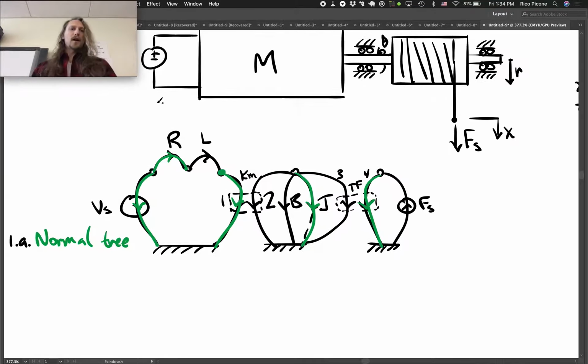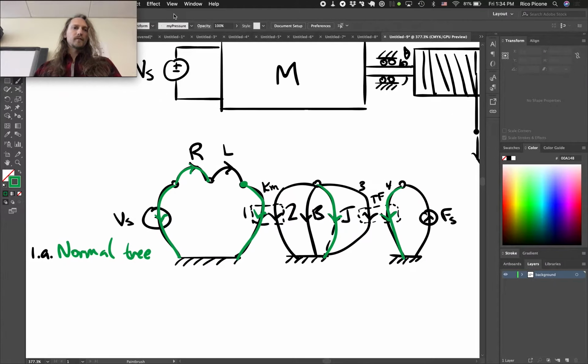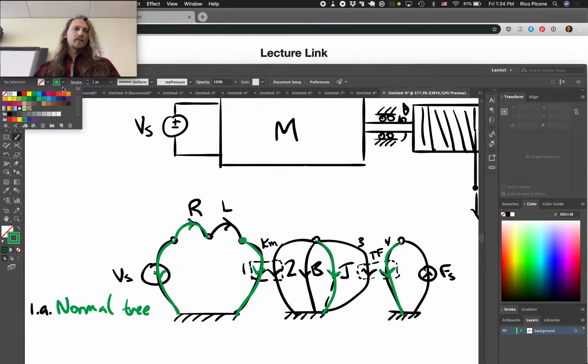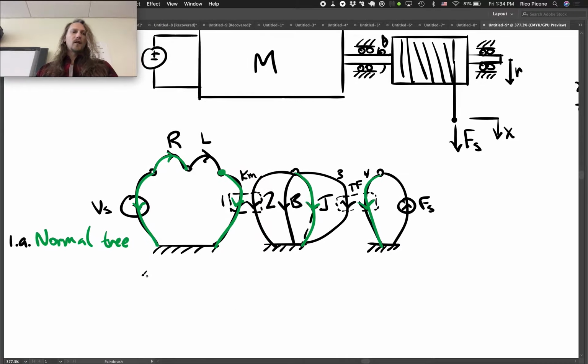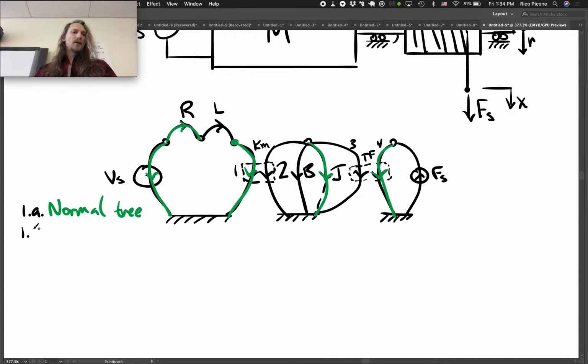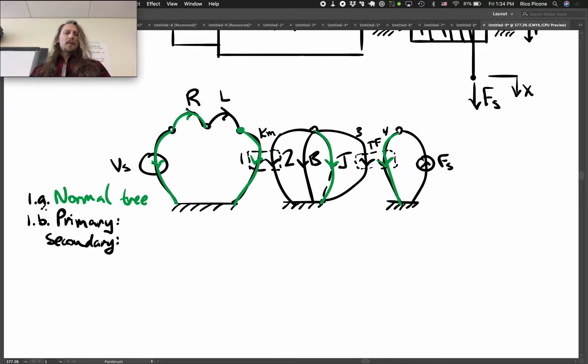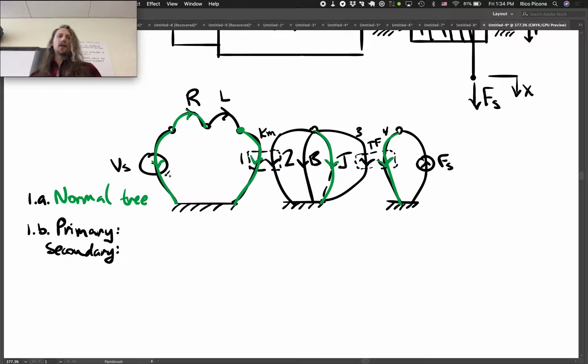Okay, so now we've got our primary and secondary variables. To keep track of the primary variables, it's hard unless you go element to element on here, so I'll just follow the elements along.